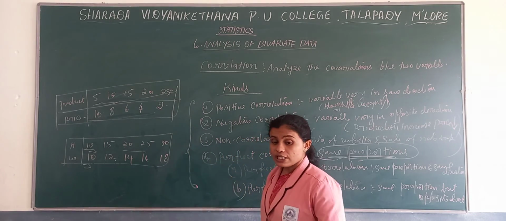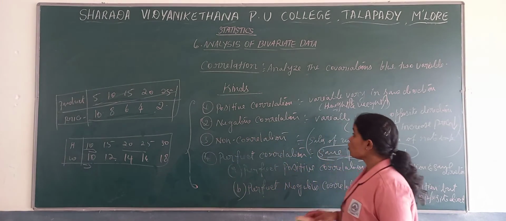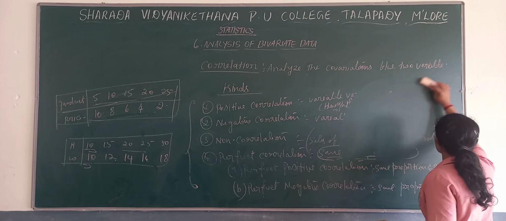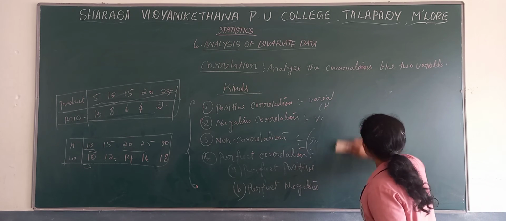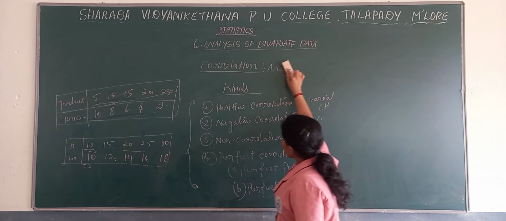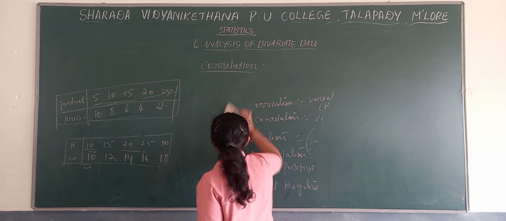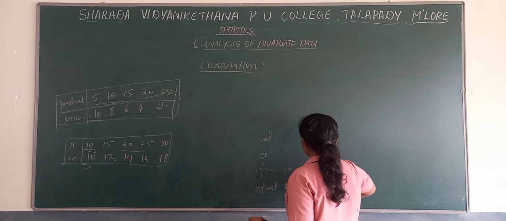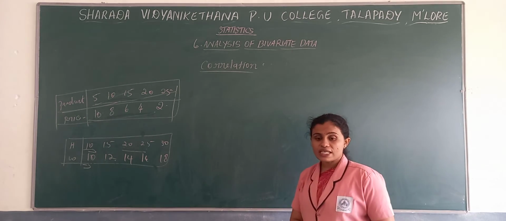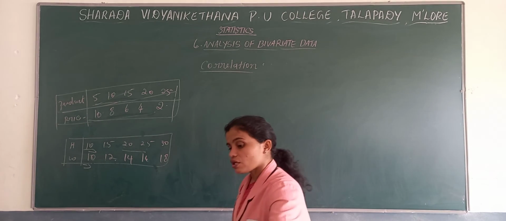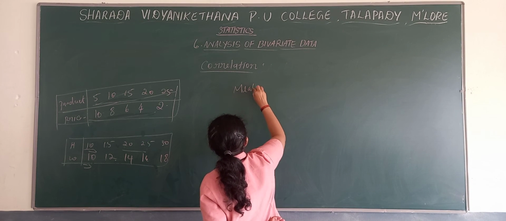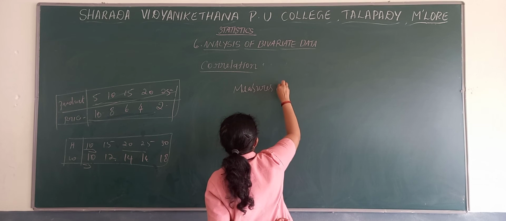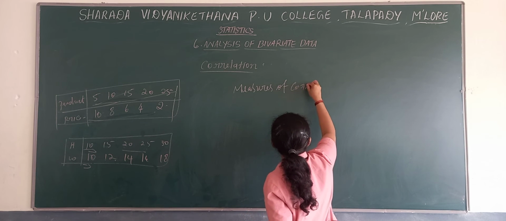Next we will see how to measure the different types of correlation. So, measurement of correlation. Mainly we have three kinds of measurement. Just as we measured skewness, in the same way we have the measures of correlation.